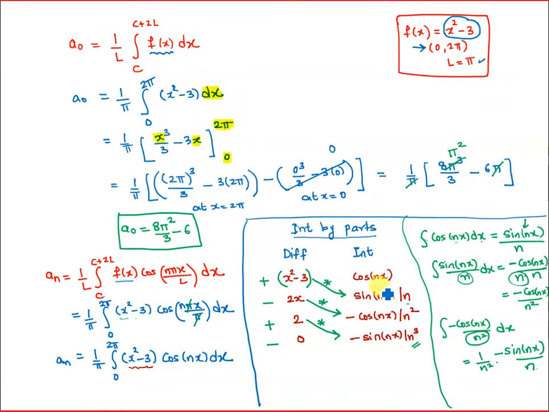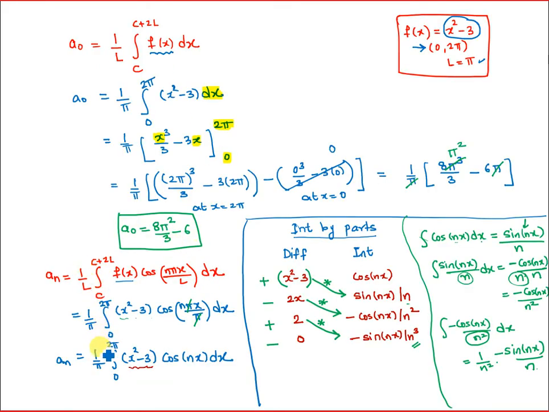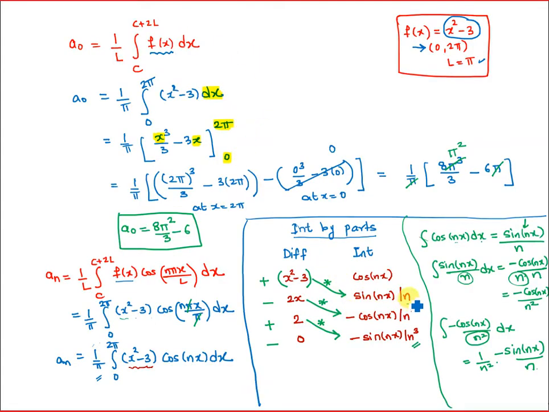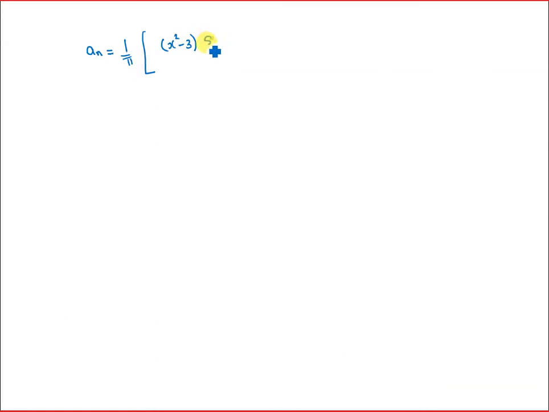So An equals, we already have 1 over pi outside. So 1 over pi, first term, x square minus 3, sine nx over n.